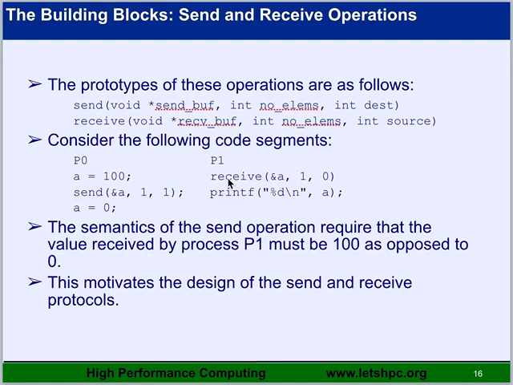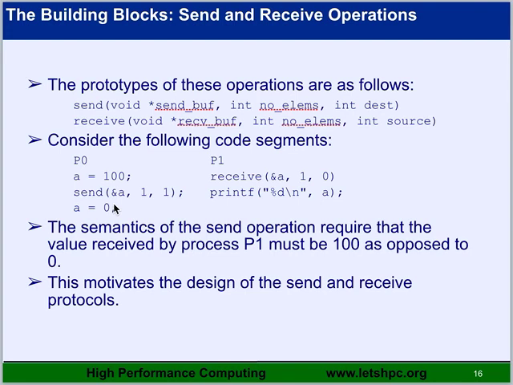Now the question is, what if process 1 gets 0 instead of 100? The semantics of the send operation require that the value received by process P1 must be 100 as opposed to 0.